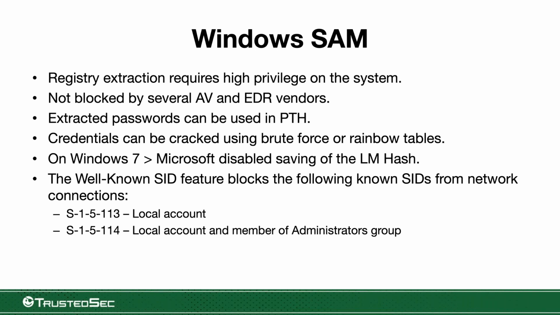Reg save as admin gets you access, that is correct. You can even use the reg command to export those hives, and then you can extract the passwords offline. As I mentioned, Windows 7 and above disable the LM hash, and for well-known SIDs like local account and local accounts that are members of the administrators group, they have been disabled from logging on through the network by default.